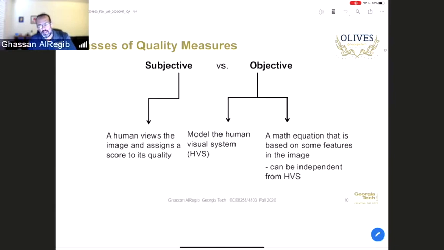But in some cases, as you have seen in the PSNR and the mean square error, we don't really have an HVS dependency. You're looking at the images as just two matrices, and you are comparing these two data points with each other.